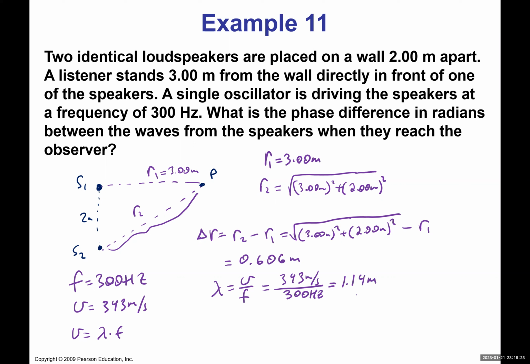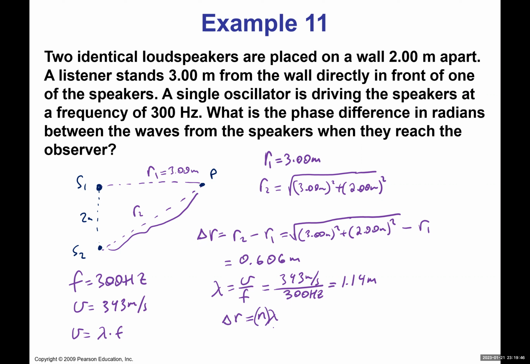Now, what we want to do is then to use delta R equals N times wavelength. Technically what you want to know here is whether it is N or N over 2, whatever it is. Remember, N and N over 2 are the extremes.